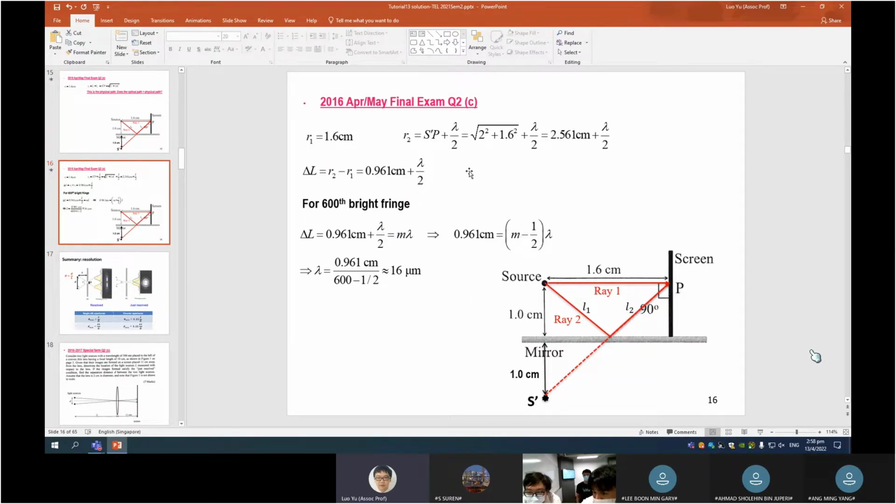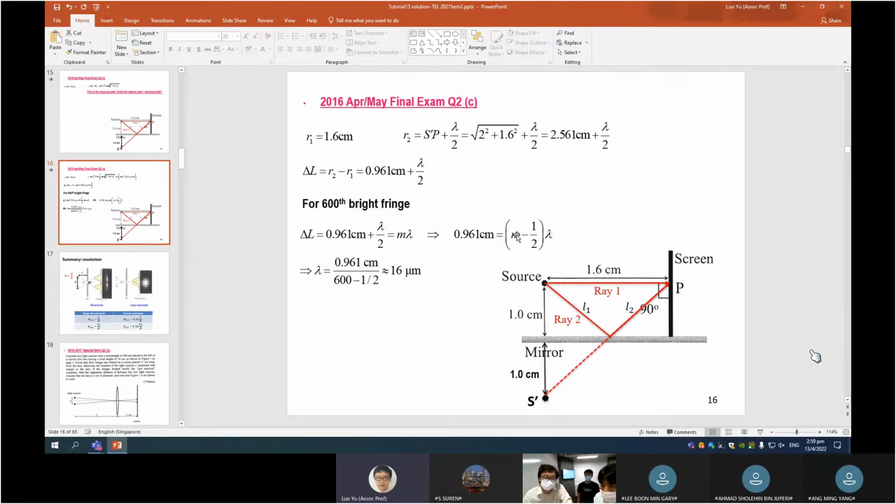Then another one, the 600th bright fringe. I thought doesn't the first bright fringe occur at n equals 0? This is also a very good question. If the first starts at 0, you still get a negative number. So m also starts at 1 because it's m minus 1 over 2.